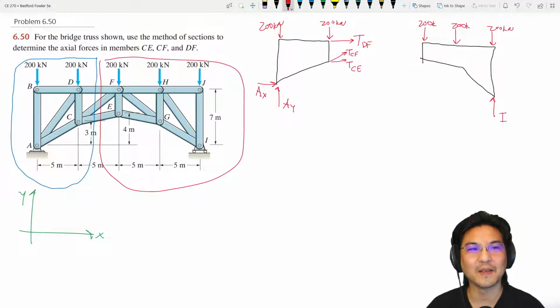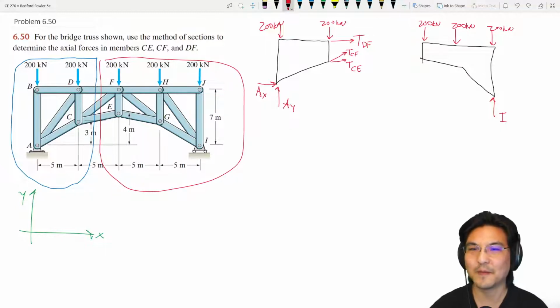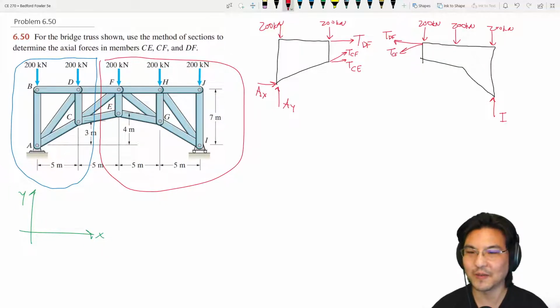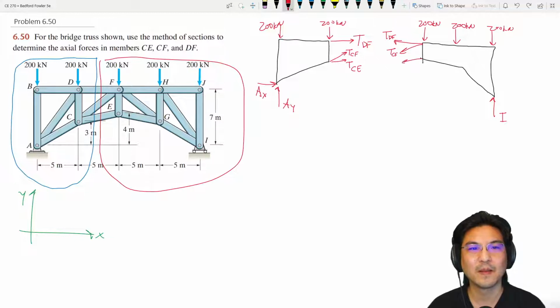And then there's member DF over here, member CF over here, and then member CE over here. Okay, so which section do you want to pick? Totally up to you. I don't see any one or the other being better.